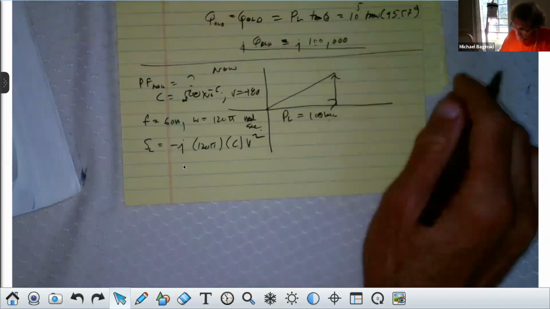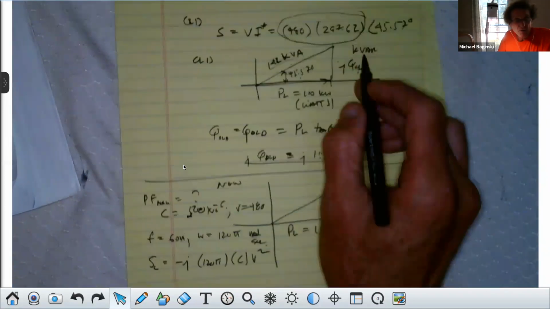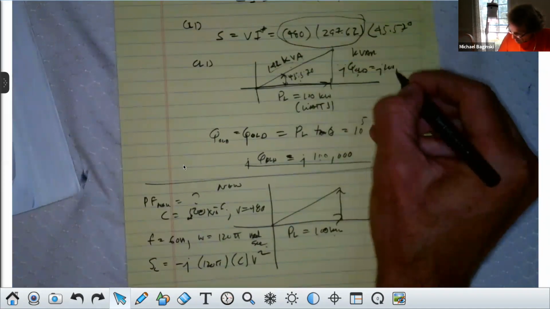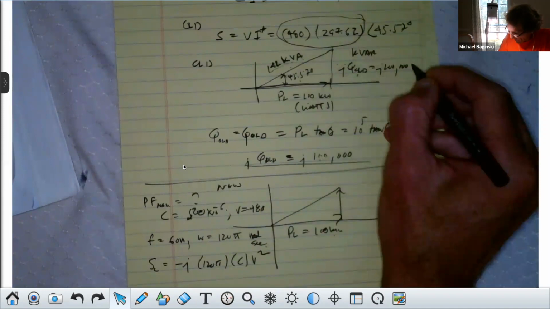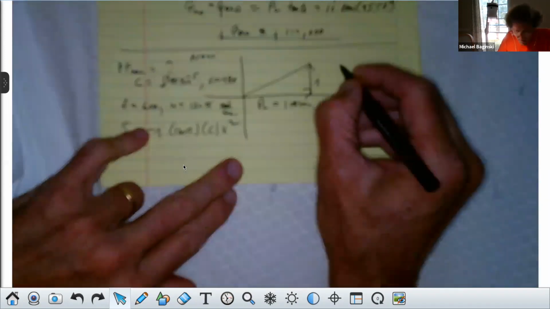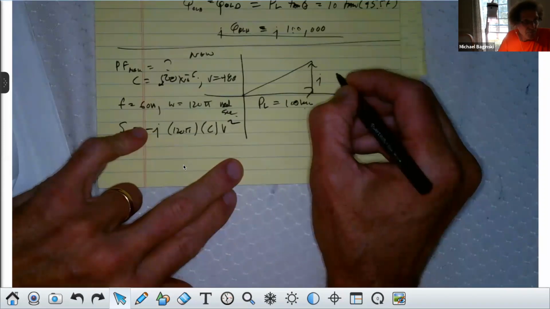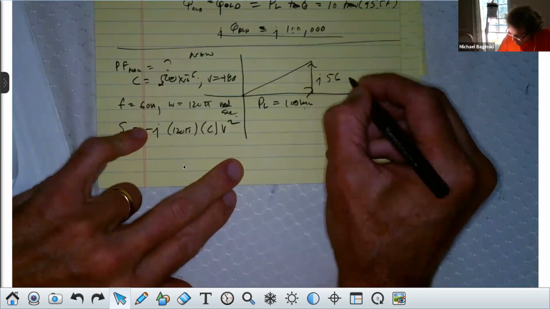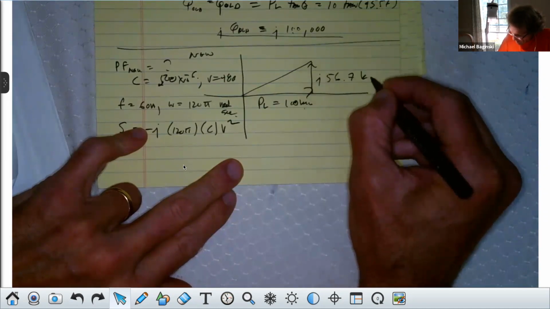Because before we started out, if you look at the original, we had this equal to J 100,000, right? And that would be VAR. Now it's going to be reduced to simply J 56.7, 0.7 kVAR.